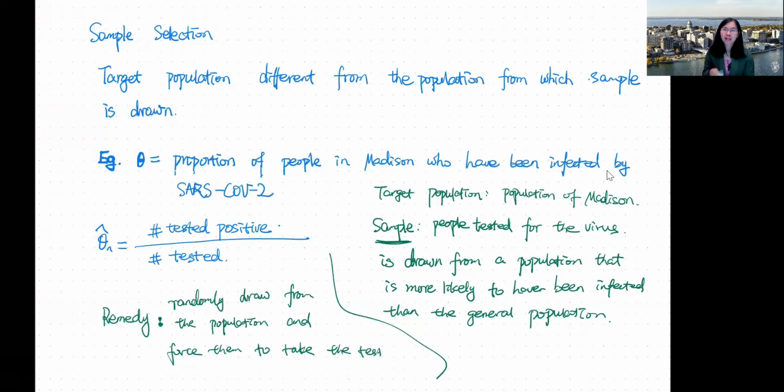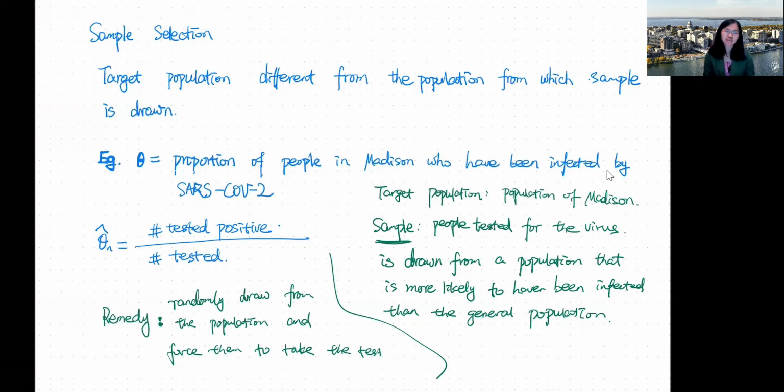However, that might be from a population that has a similar infection rate as the general population, because there is little reason to believe that people who go to a hospital to do a surgery that's not related to COVID-19 have a higher or lower rate of infection than the general population. So that could be a remedy.